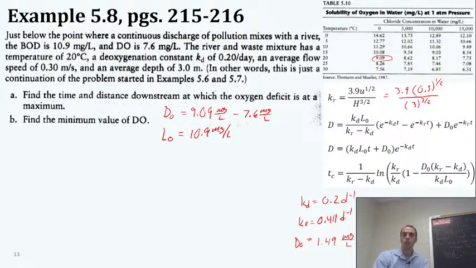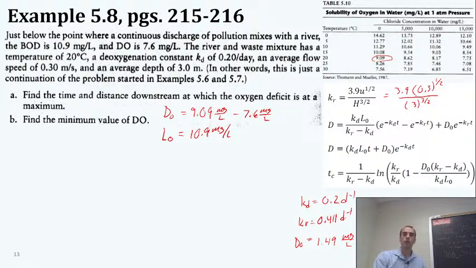Yeah, in this problem here, we're solving for it because the D naught is the initial deficit after the streams mix. Which one are you saying we're solving for? Like, the 9.09 minus 7.6 versus the D naught is 7.6 it gives us.